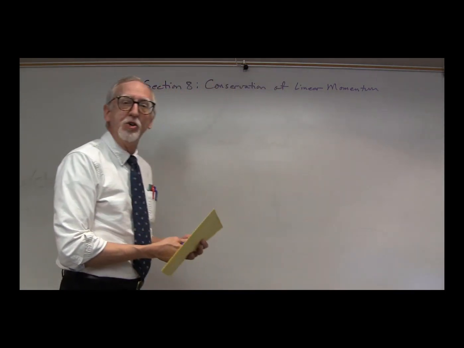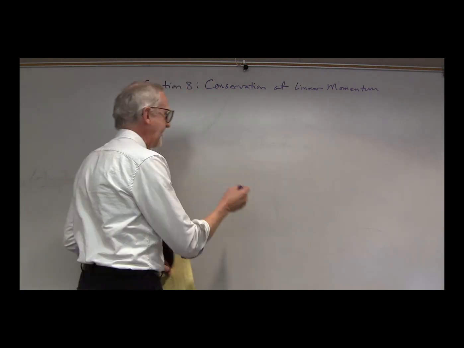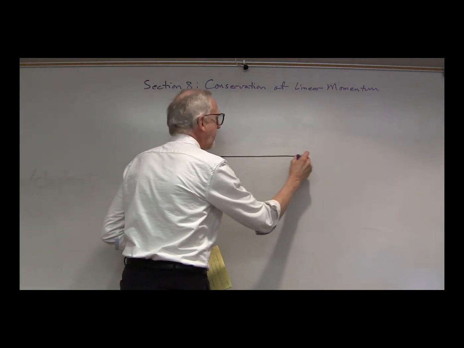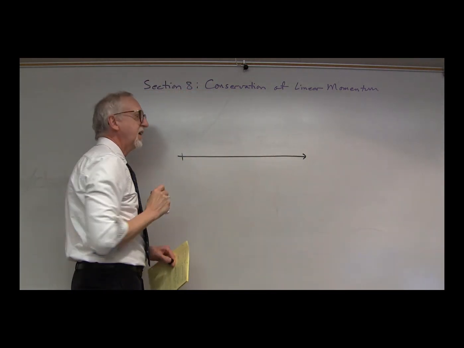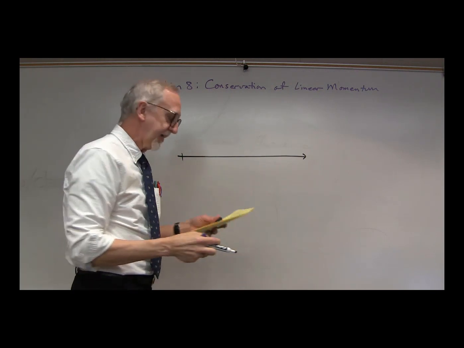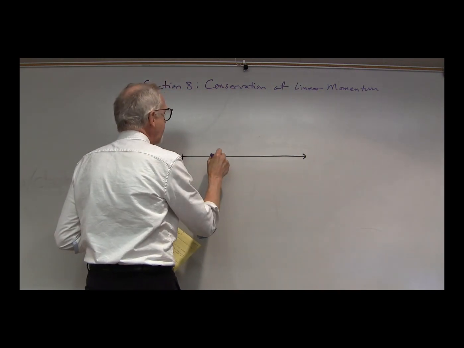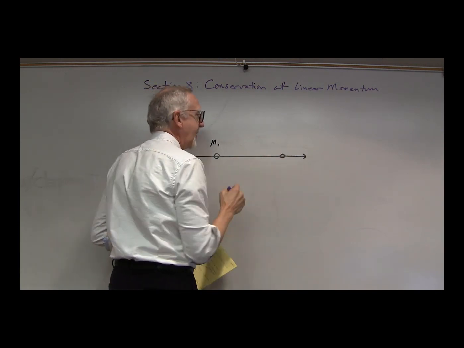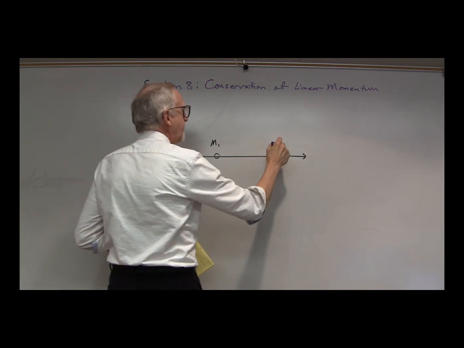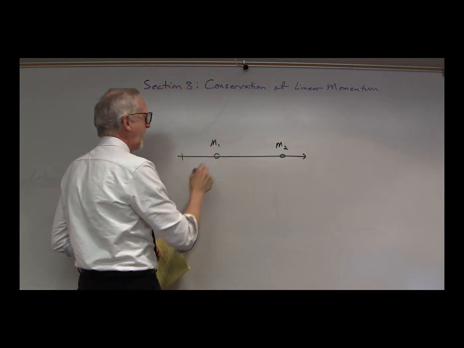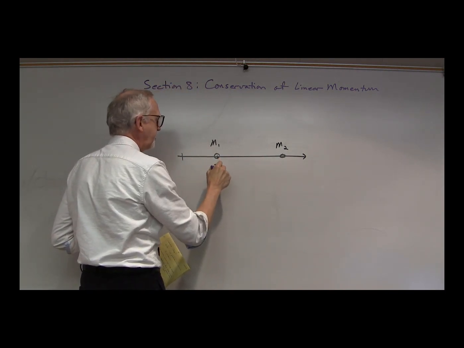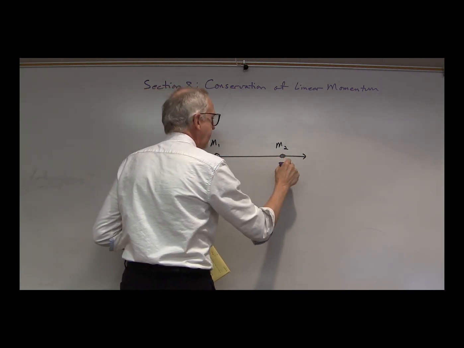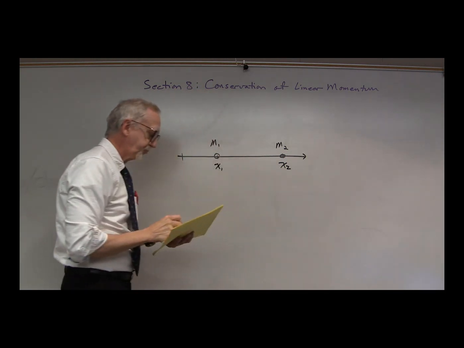Let's start with two particles, two masses, in just one dimension, on the x-axis, for example. Let's imagine we've got one mass m1, another particle with a mass of m2, and let's say this one is at a position x1, and this one is at a position x2.